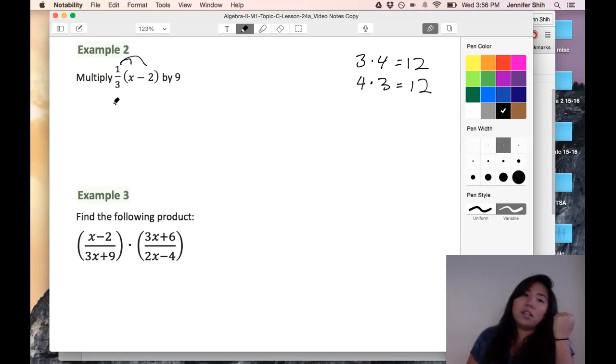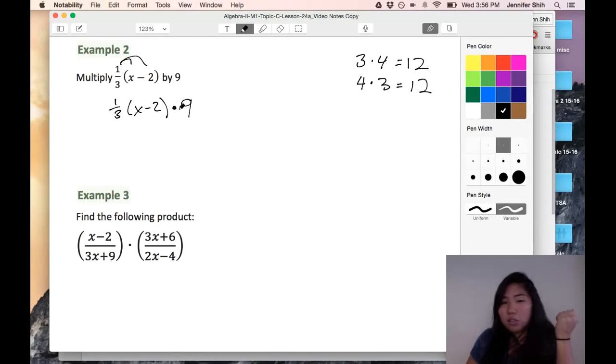So instead of 1/3 quantity x minus 2, multiply this by 9. Instead of distributing this fraction through the binomial and then multiplying it by another integer, let's make some of these factors commute. Let's make this equal to 1/3 times 9, then multiply by x minus 2.